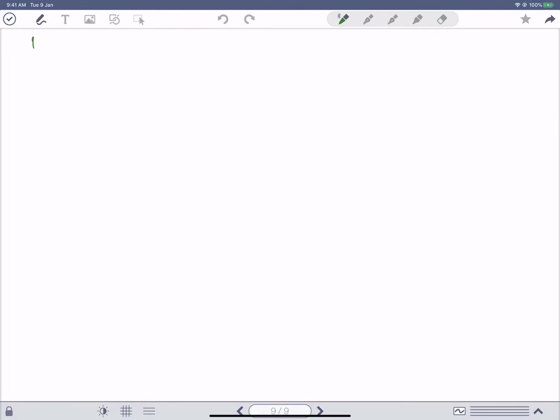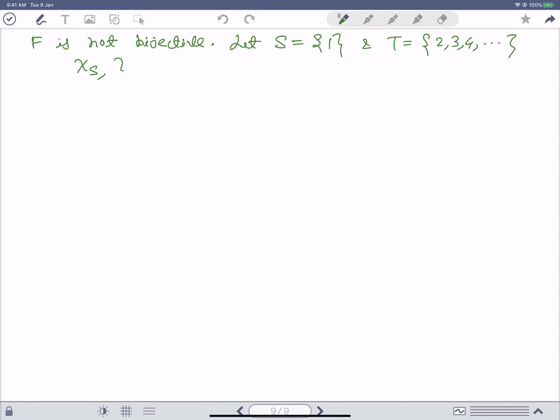Here f is not bijective because, let my set S equal to {1} and T equal to {2, 3, 4, ...}. Then we have chi of S and chi of T, these two functions in that set, right?